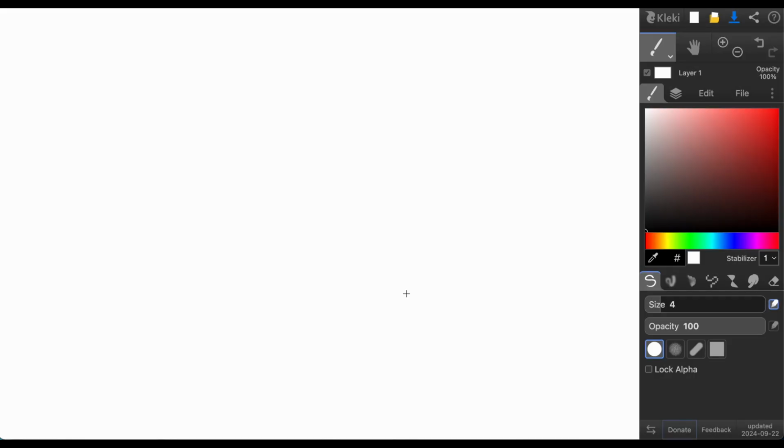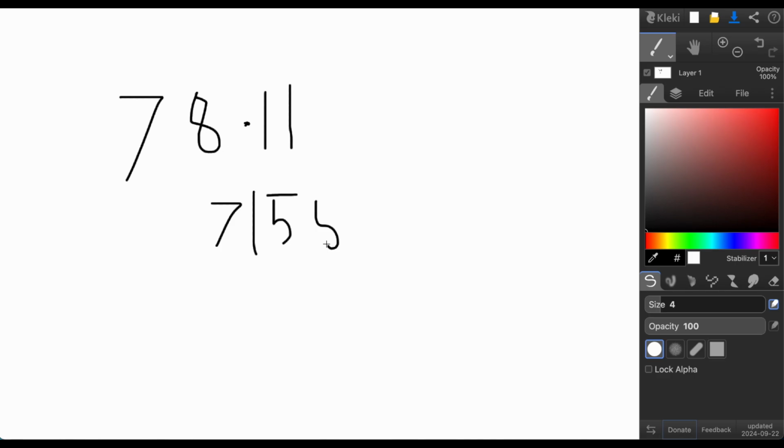Alright, why don't you try to solve this one on your own? Alright, so let's try to solve. 7 plus 8 is 15, which is greater than 10. So instead of 7158, it's going to be 7 plus 1, which is 8, 5, 8.